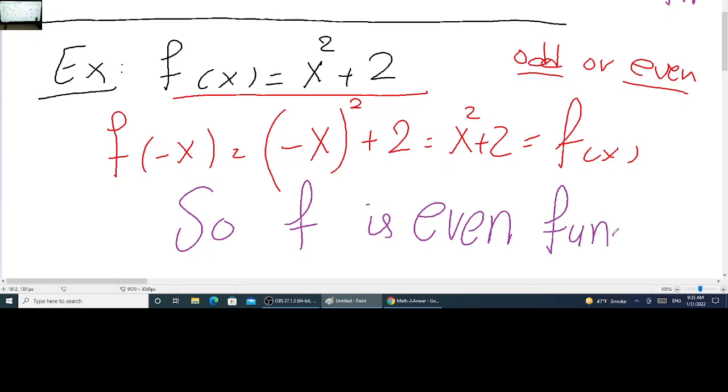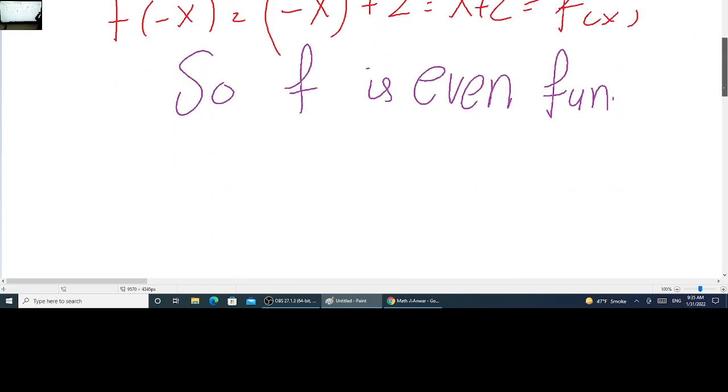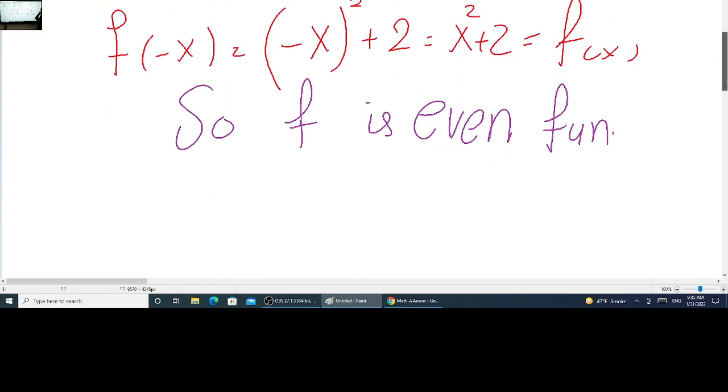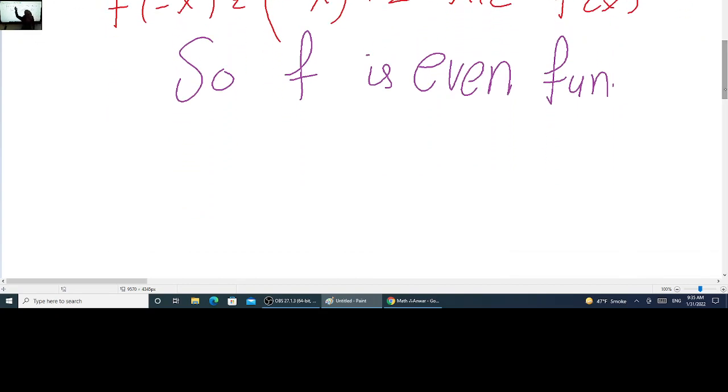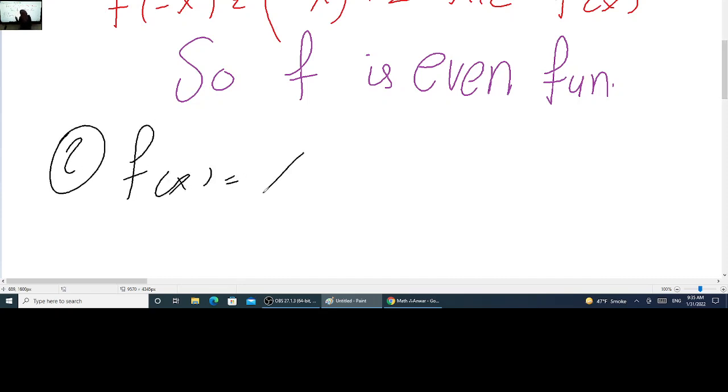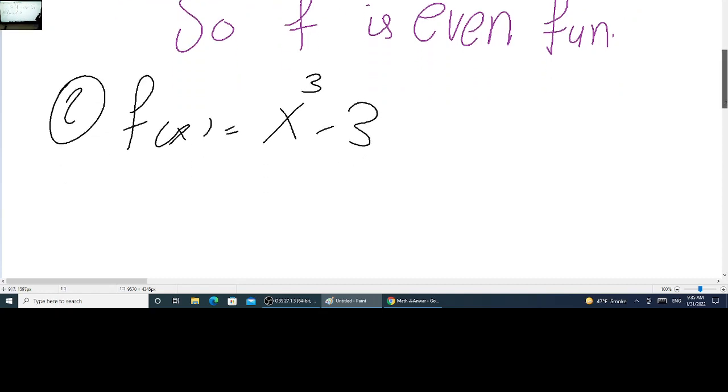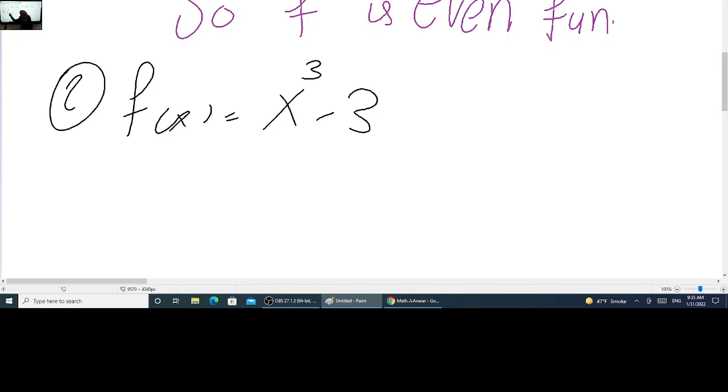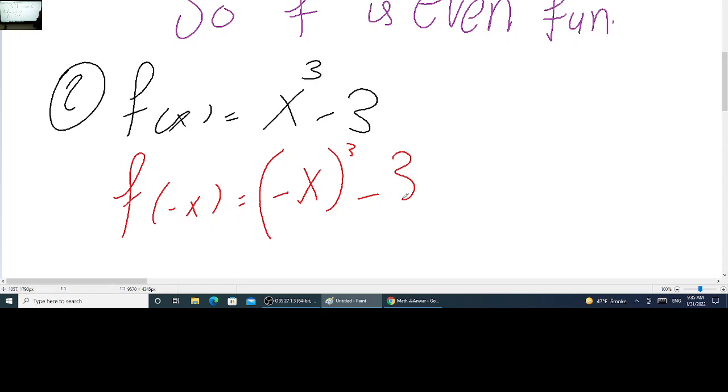Actually, all polynomials of even degree are even functions. Okay? What about f of x equals x cubed minus 3? Is this function odd or even? Just take f of negative x, which is negative x, the whole cubed, minus 3, right?